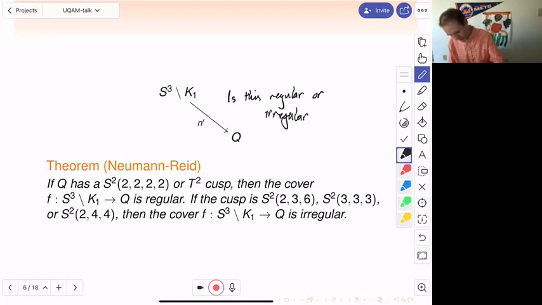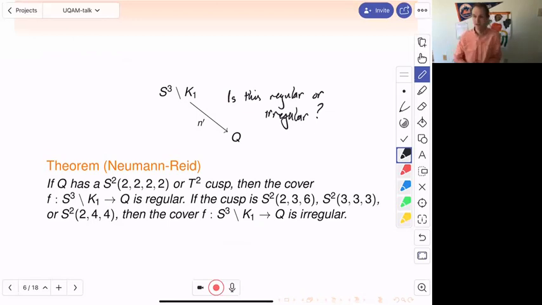Namely, when we look at the induced inclusion map on the fundamental groups of S3 minus K and Q, is the knot group sitting as a normal subgroup of the orbifold fundamental group of Q, or is it not a normal subgroup? And in fact, there's a topological criterion for answering this question, and it just depends on the cusp type of Q, right?